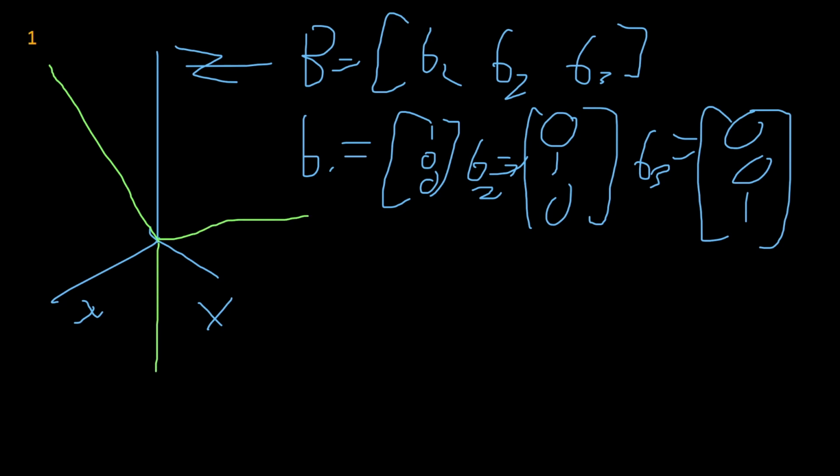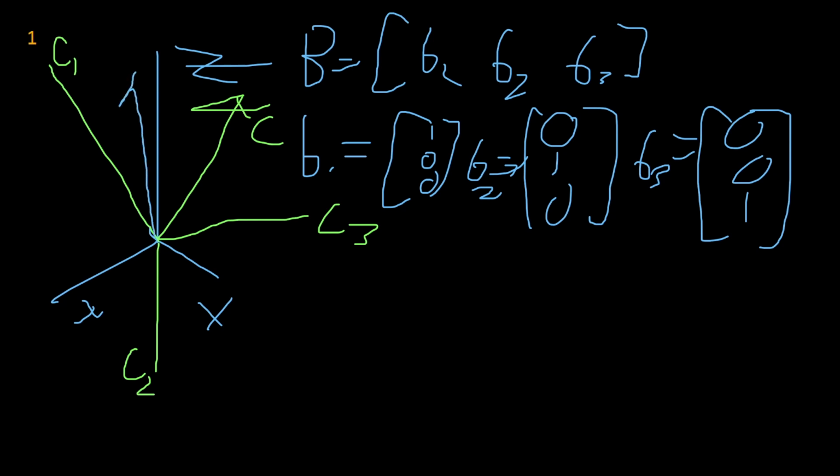So let's say you have C1, C2, C3, and as you can see, it's just a different coordinate system. In this video, we will show you how to transform a vector in the C basis into the standard basis, and so on. That's going to be the main idea of today's video.